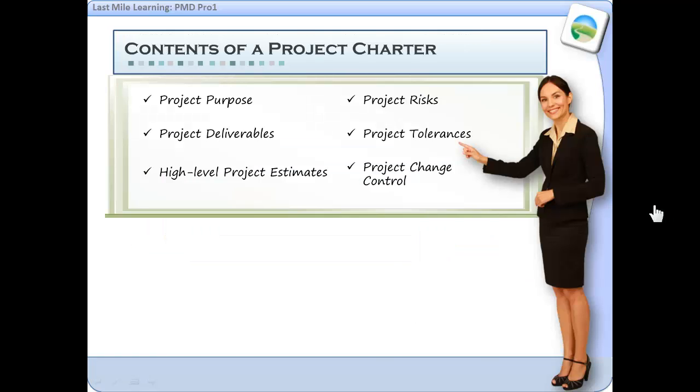The contents of a project charter can vary according to the organization, but it generally is a summarized document that provides a short description of the project purpose, the deliverables, high-level project estimates and budgets, project risk, tolerances, and project change control. And it often lists that information, but it's a brief document.